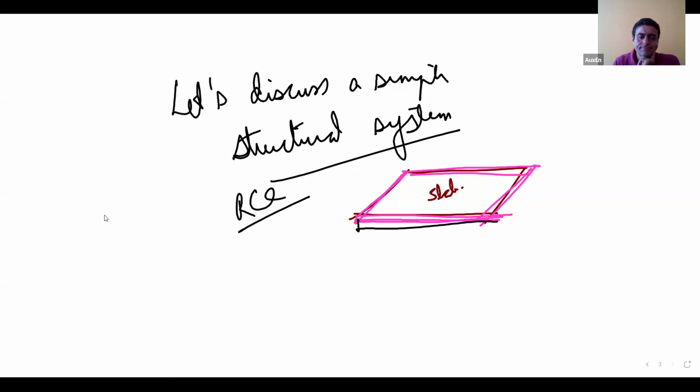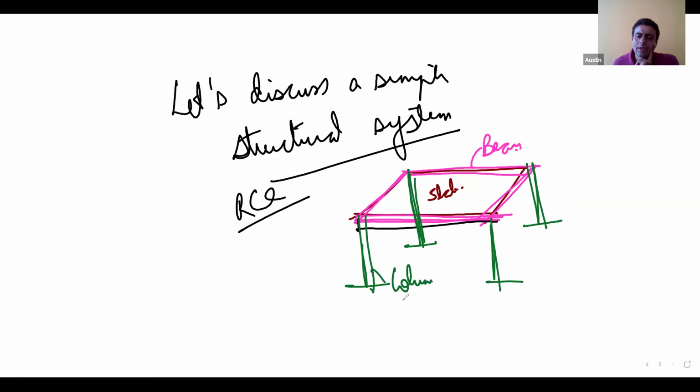Yes or no? And then I introduce another system which also takes the majority of the load along one direction, that is their length. These are called what? Columns. So you can think of this as the simplest type of structural system in RCC. It's a slab, beam, column arrangement.